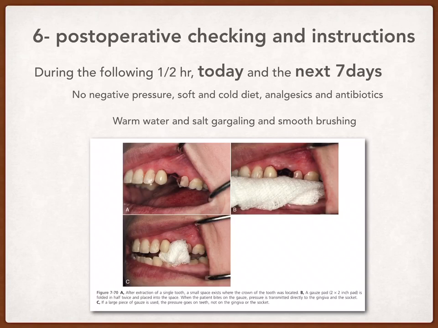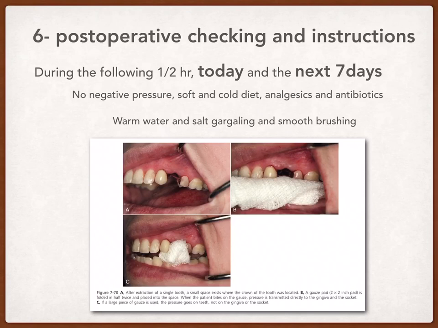During the following half an hour, as you can see here in this picture, the patient should put a gauze in the area of the extracted tooth, correctly as in picture C, not as in picture B. Okay, and during the first day, the patient should apply no negative pressures in his mouth.